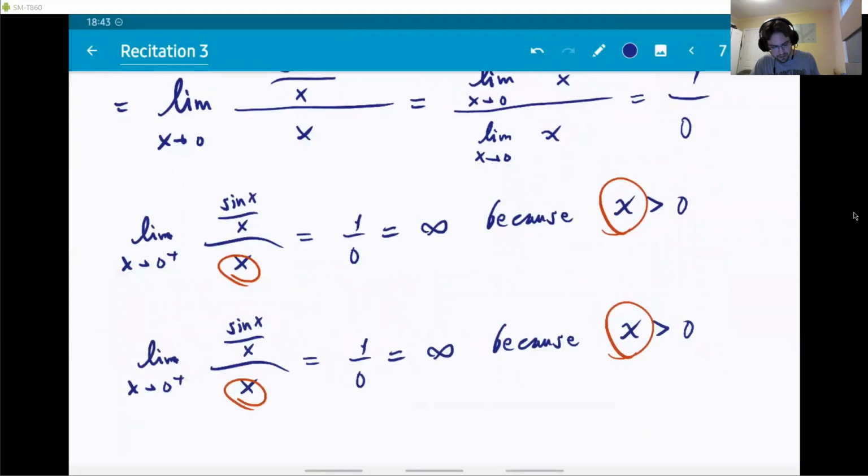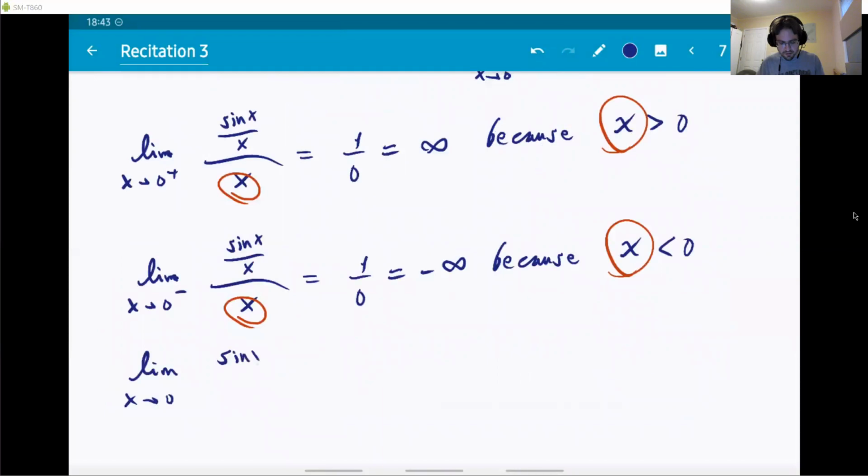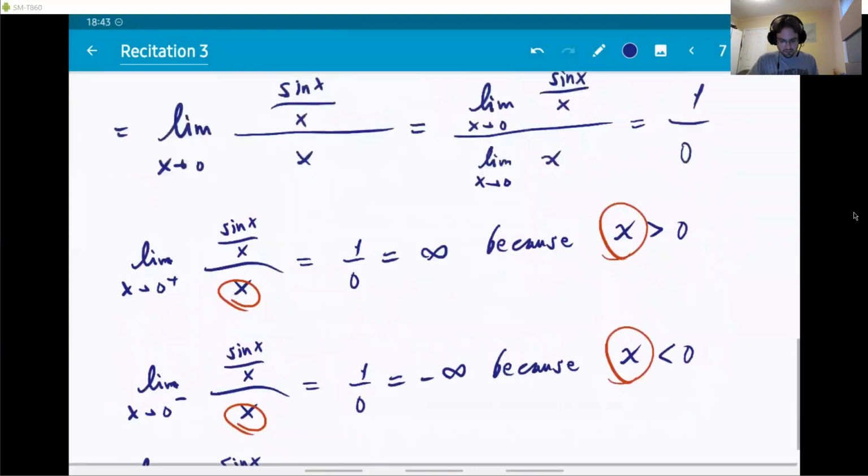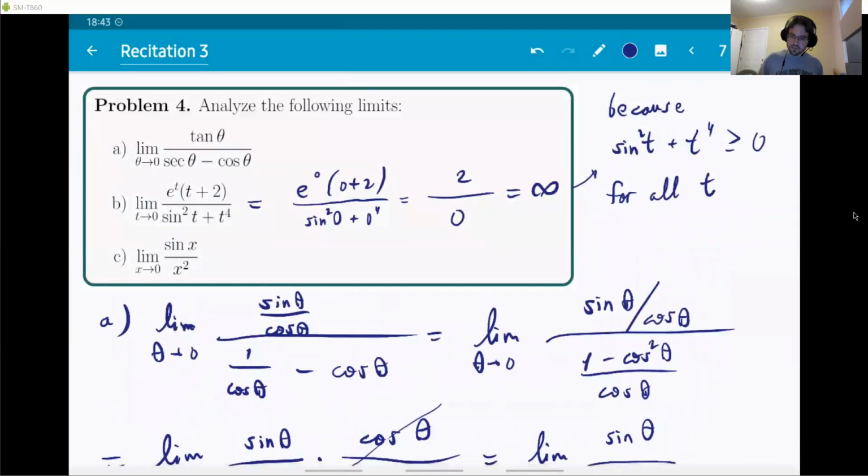So from the left, minus infinity, because now x is negative. Meaning, by the way, as usual, they are just asking us to analyze the functions. So this all means that the limit itself does not exist. That was this problem number 4.